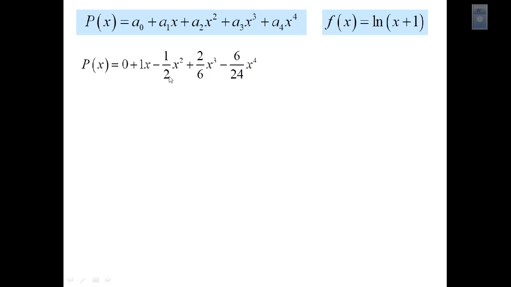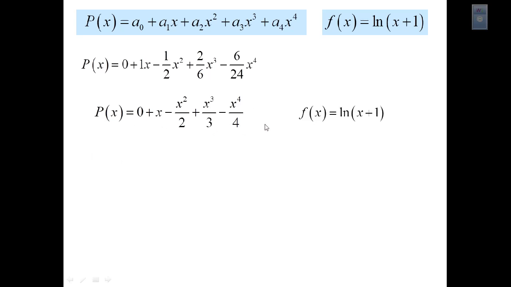Now, like I said, these fractions, these last two at least, will reduce, but we leave them like this for a reason, so that we can see the pattern. And here's one pattern right here.